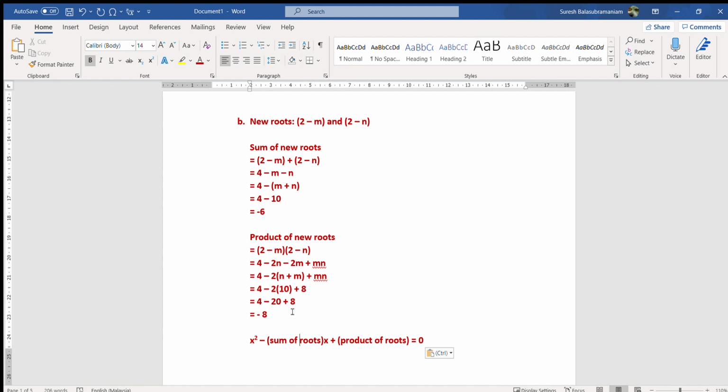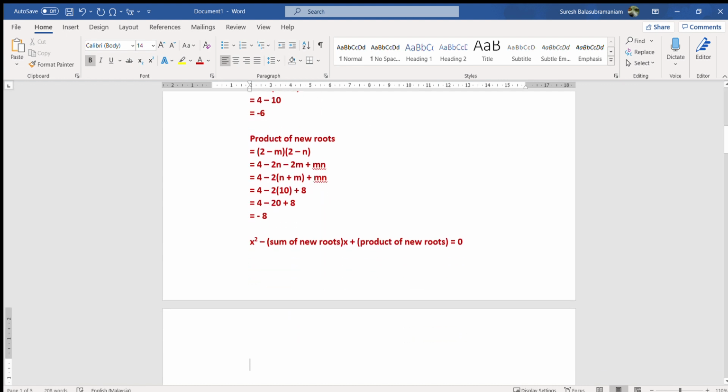I'll replace: x squared minus the sum of new roots, which is negative 6, x plus the product of new roots, which is negative 8, equals 0.